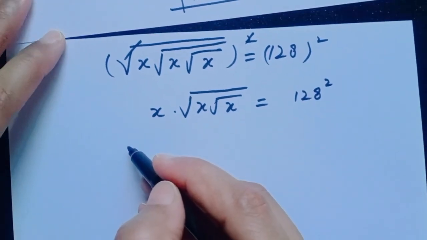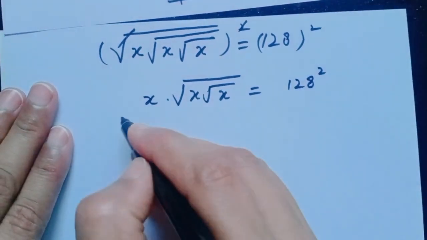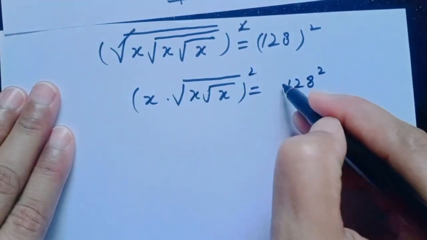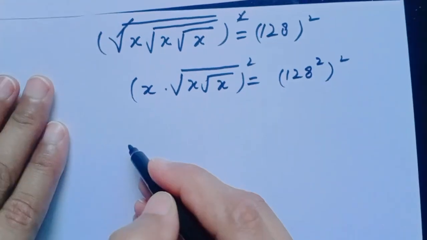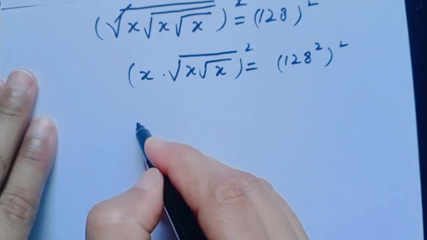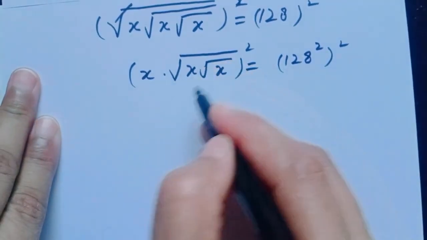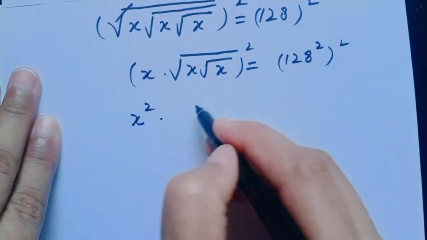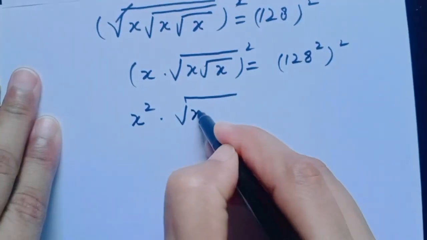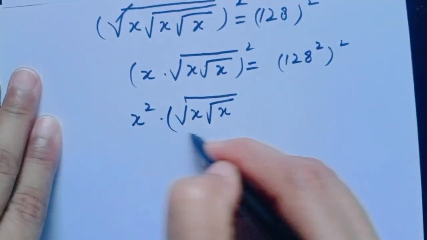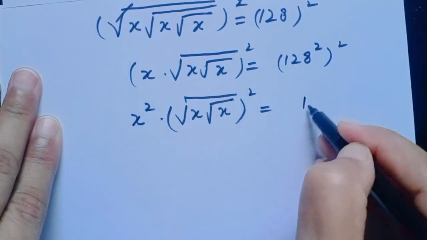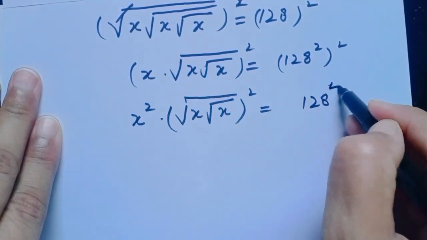In the next step, we will again take the square of both sides. Here we take the square of x and the square of this part. So x squared times square root x and square root x power 2 is equal to 128, 2 times 2 is 4.